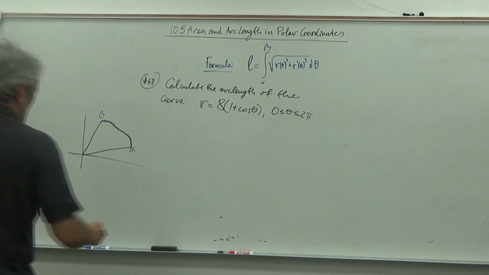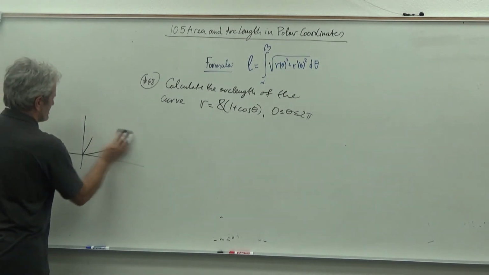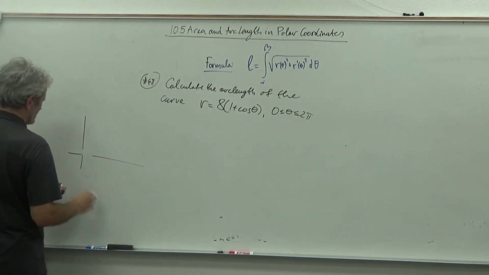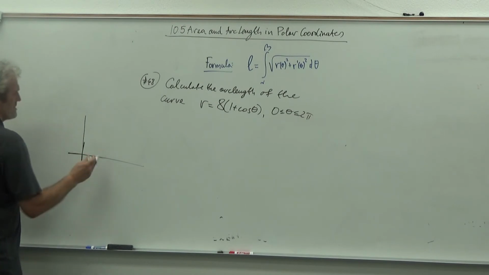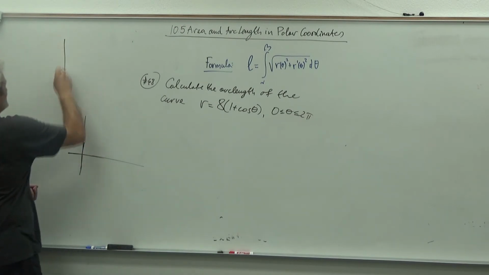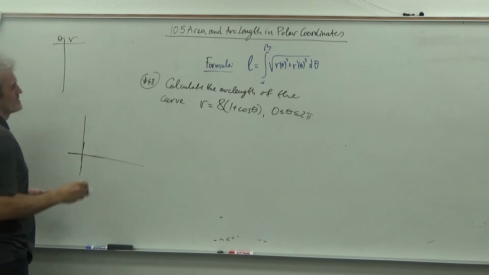All right, so what happens? The generic picture, we will just draw the real picture here. Maybe a little table, theta and r.